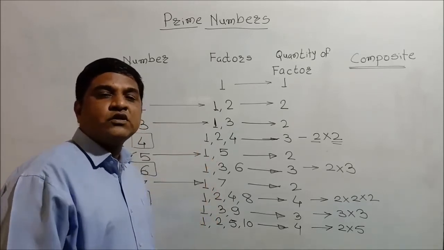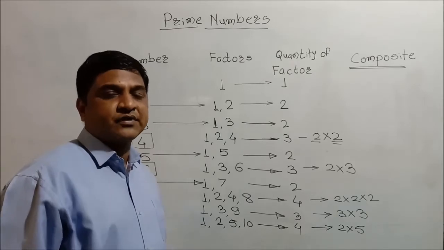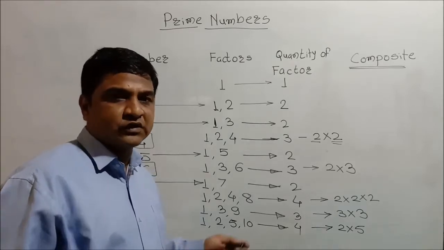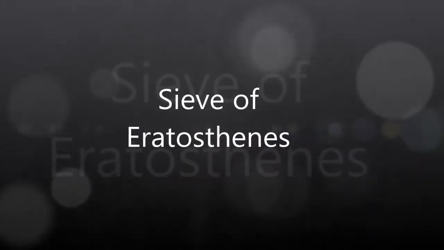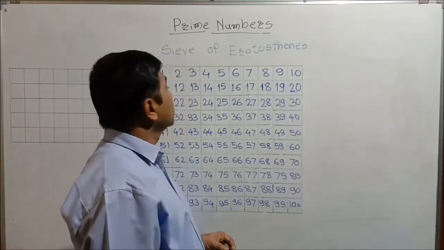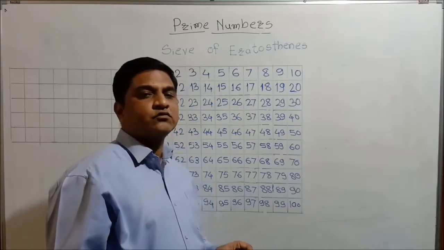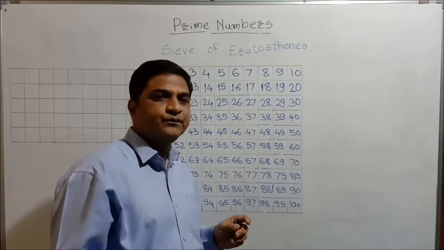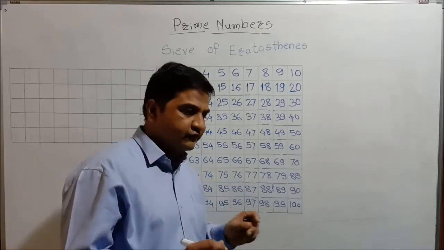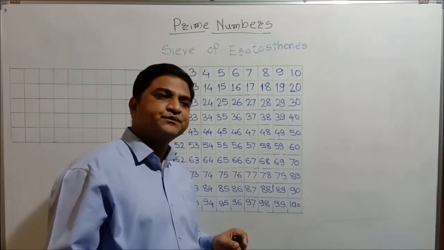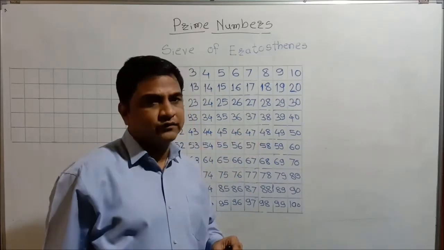Now let us see how to find the prime numbers from 1 to 100. In this session, we will see how to find the prime numbers easily when you are given a sequence of numbers.